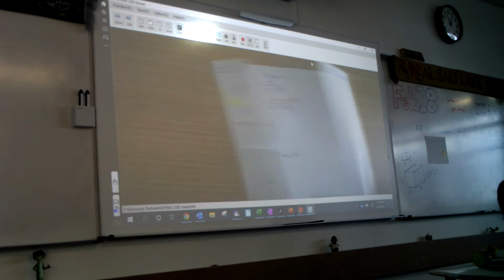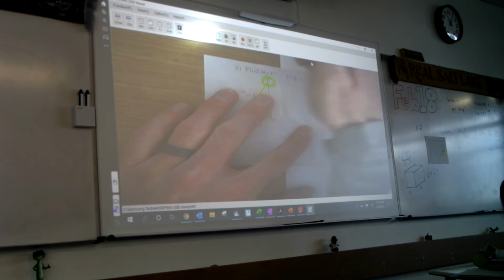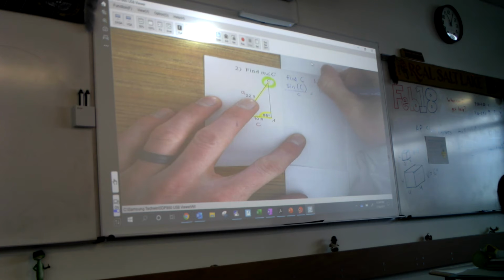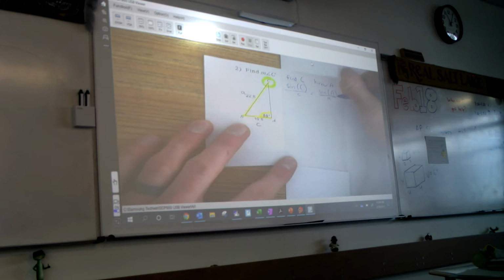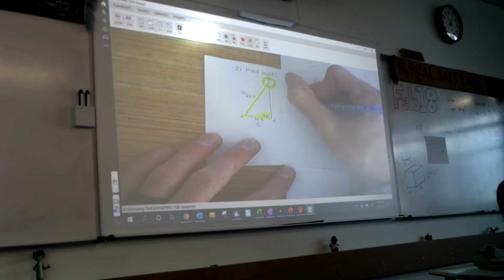There you go. So I'm going to come up here, and I'm going to set this up as sine of C over C, and that's equal to sine of A over A. Okay, now when I go to put that into my calculator, or not my calculator yet.